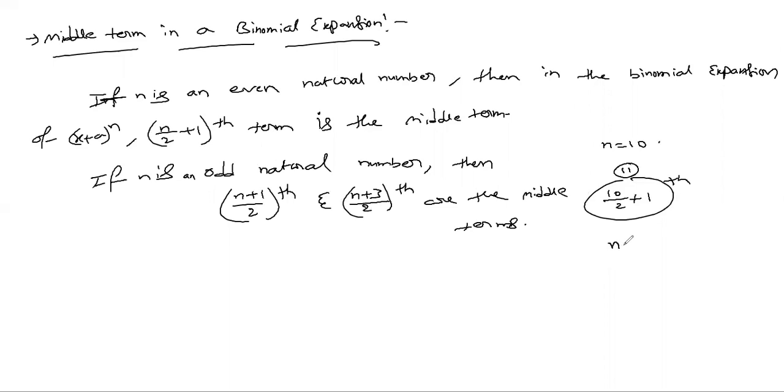For example, let us consider n is 9, then the number of terms will be 10. Clearly, the 5th and 6th terms are the middle terms. How do we get 5 and 6? From (9 + 1)/2 and (9 + 3)/2. So that's why I have written here that whenever n is odd, the ((n + 1)/2)th and ((n + 3)/2)th terms are the middle terms. Whenever n is odd, we will get an even number of terms. I think it is very clear for you.